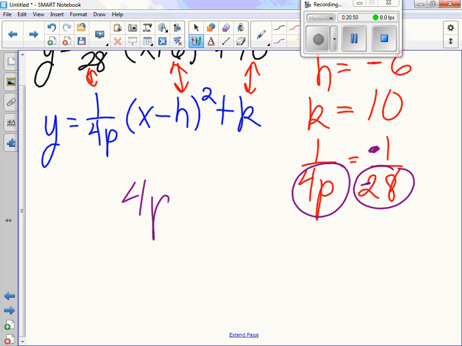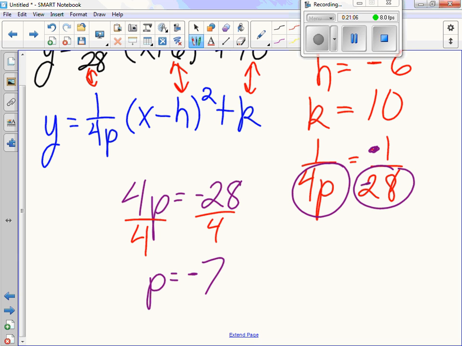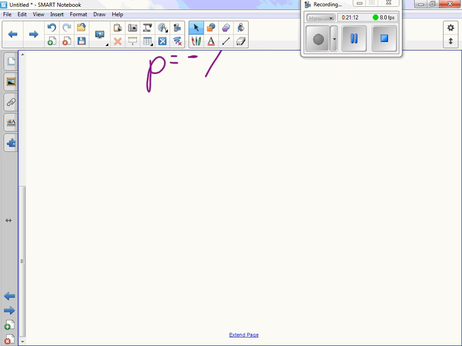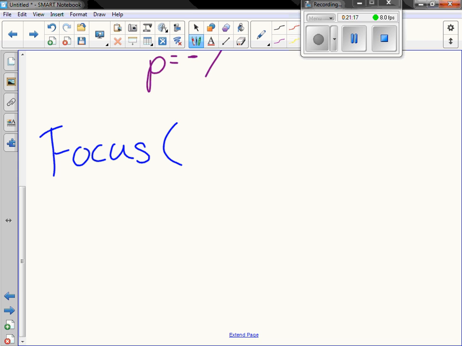So here, 4p equals -28, so I can divide both sides by 4, and -28 divided by 4 is what? -7. -7. So the focus for us here, because we had y equals, is h plus p, comma, k. Well, what is our value of h?